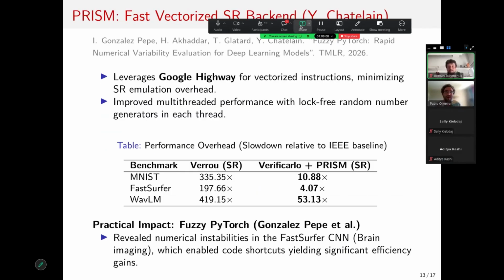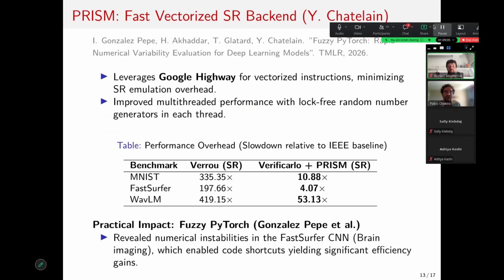So this Prism backend was initially developed by Johan Chatelain, and you have the reference of the paper here. Based on VerifiCarlo, they have a very nice image called fuzzy PyTorch, which allows running PyTorch using stochastic rounding to understand the effect of rounding and precision on deep neural networks.